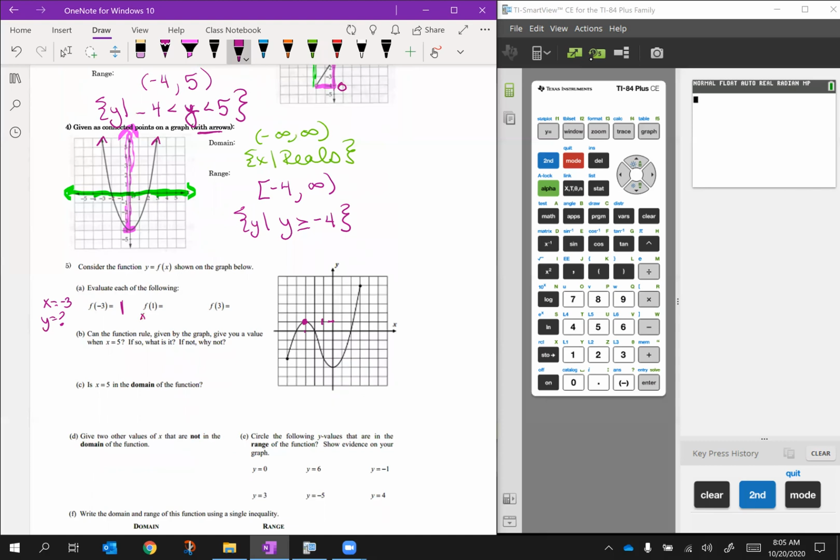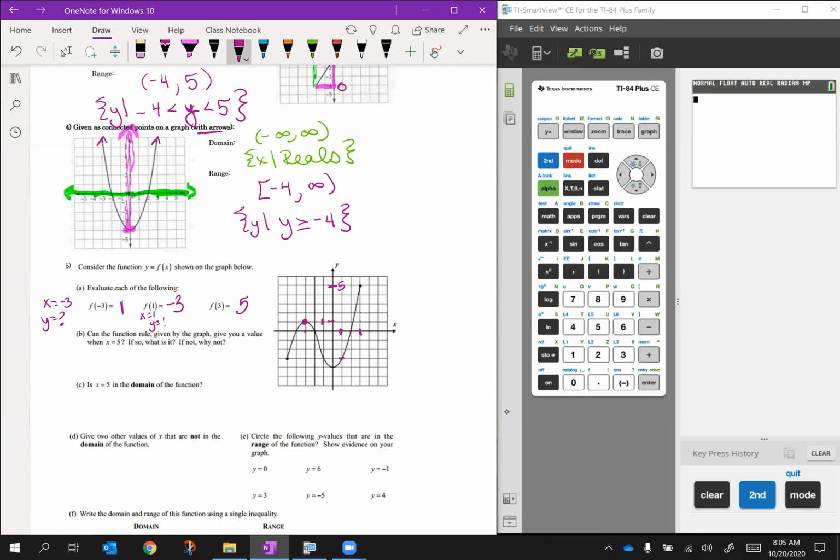When x equals 1, y equals what? So when x is 1, 1, 2, -3. For f of 3, 1, 2, 3. What is our y value? 1, 2, 3, 4, 5. So when x equals 3, y equals 5.